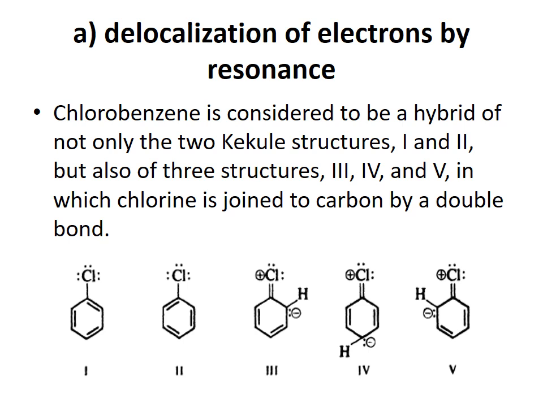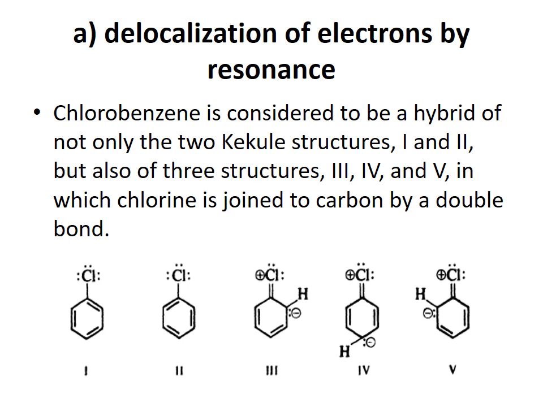The first point is delocalization of electrons by resonance. We know that halobenzenes or chlorobenzene has a benzene ring. So obviously it can exist as a resonance hybrid of two Kekule structures. And moreover, this chlorobenzene can even exist in three more structures. Chlorine has the tendency to donate a pair of electrons to the benzene ring by its resonance effect, and it forms a double bond with the benzene ring.